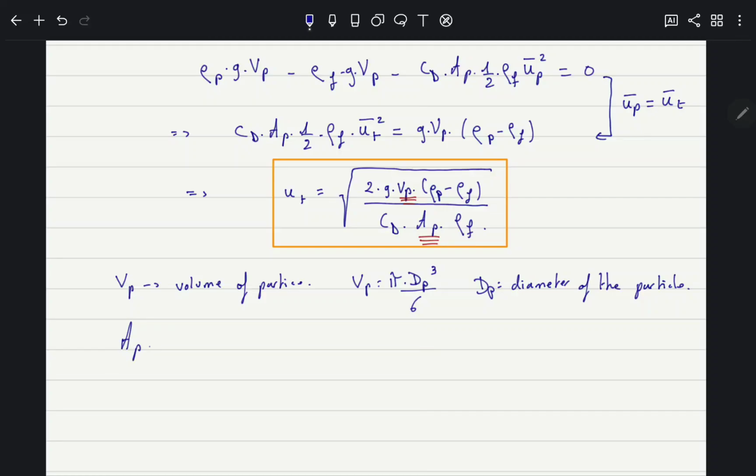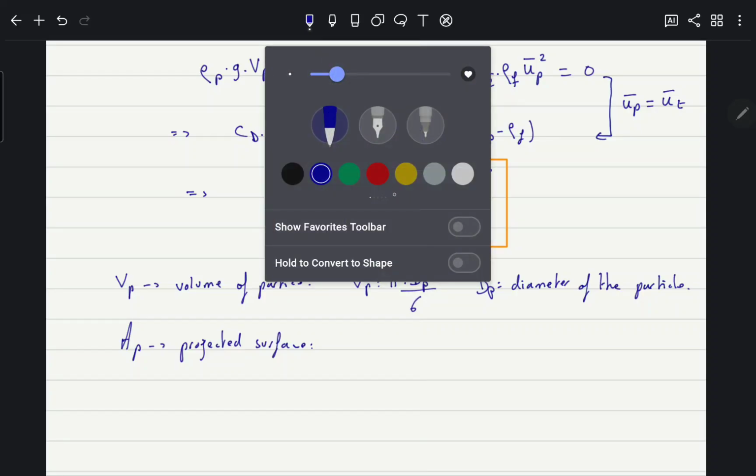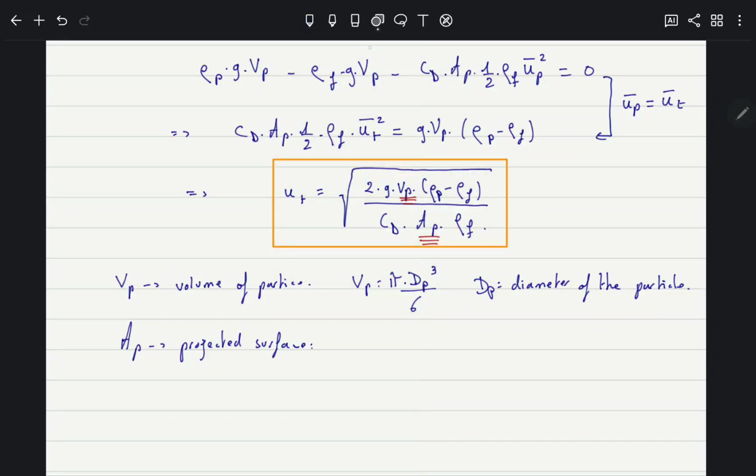Now what about Ap? So Ap is the projected surface. So the way you need to look at it is, it's not the surface of the sphere, the surface of the particle, but it's the projected surface, which, if we draw again our particle, let me try to draw again our particle.